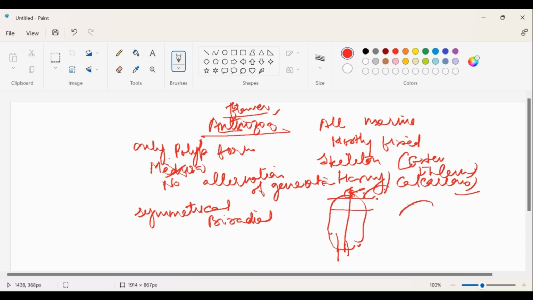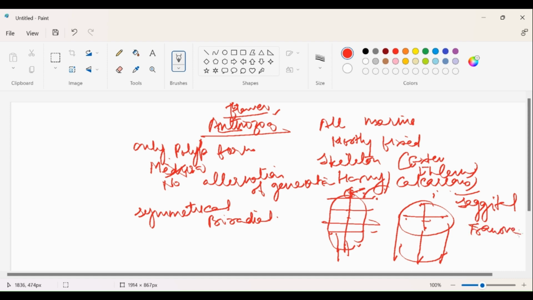If you cut a TS, you would see something like this. You can also cut it by transverse section. When you cut from aboral to oral end, that is called a sagittal section, and the other one at right angle to sagittal is transverse. That is the biradial symmetry.